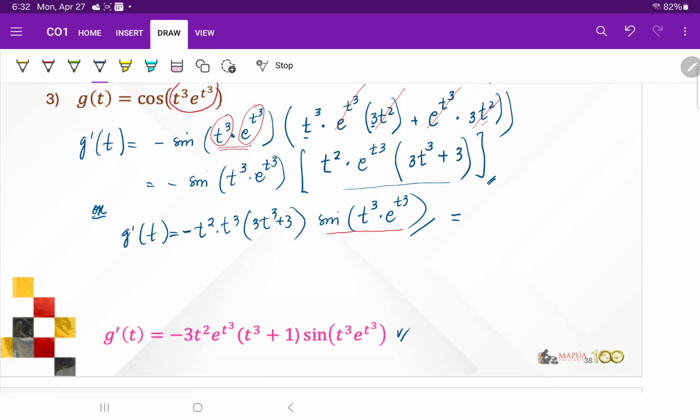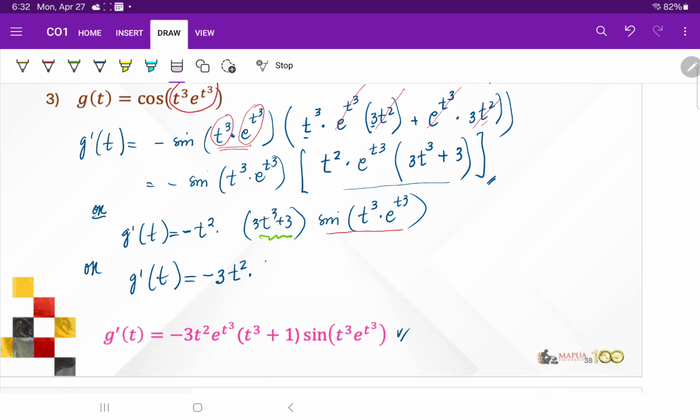But we can stop there. So g prime of t, here we can factor out 3. If you factor out 3, you have negative 3. Then t squared times t cubed. Is that t cubed all? E to the t cubed. I did something wrong here.